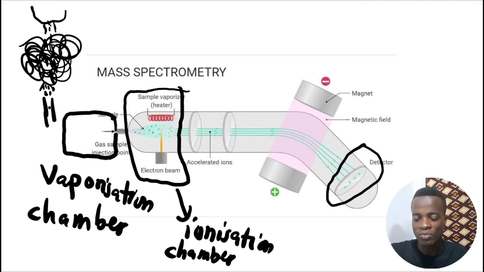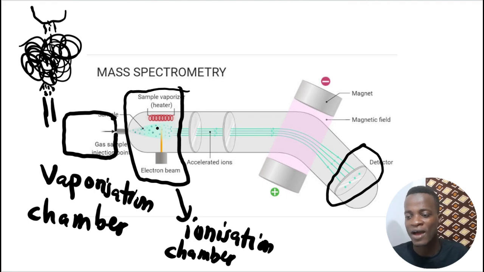So we are shooting electrons into it so that the electrons will knock off some of the electrons from the gas sample. At the end of the day, the gas sample that originally came will now lose some of its electrons, and losing electrons results in a cation, a positively charged ion. So in the ionization chamber, what basically happens is that the gas sample is changed into positive ions.